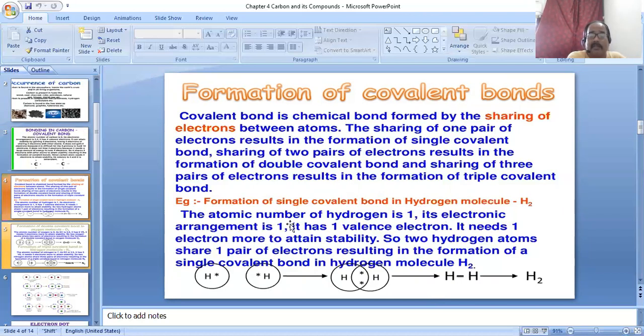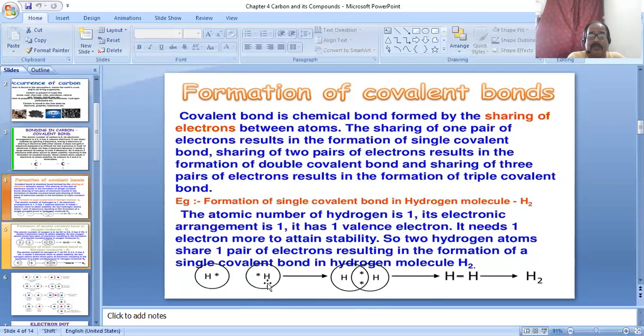The atomic number of hydrogen is 1, so its electronic arrangement is 1. It has one valence electron. It needs one more electron to become stable. So the two hydrogen atoms share one pair of electrons, resulting in the formation of a single covalent bond in the hydrogen molecule, H2. Here this is one hydrogen atom and this is the electron sign.